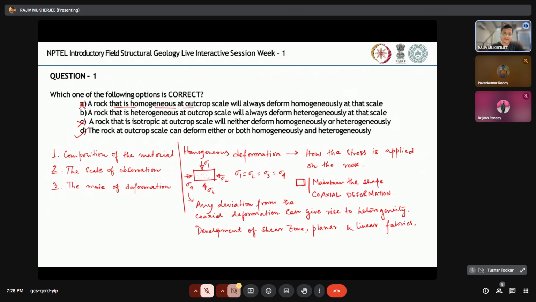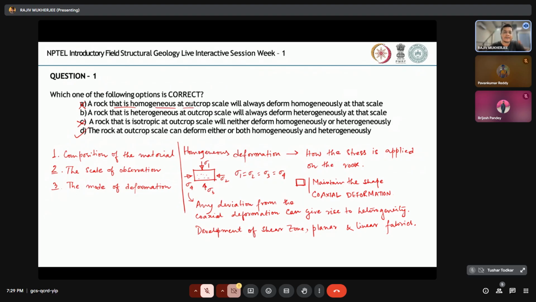The far field stresses that generate from some sort of tectonic activity. In a regional scale, any deformation can be linked with the tectonic activity surrounding that region. So any involvement of tectonic activity will somehow give rise to some sort of heterogeneity in the deformation.